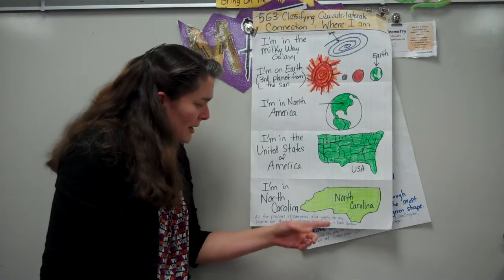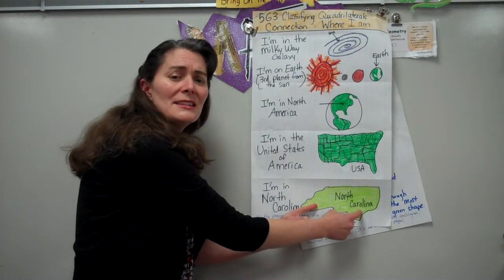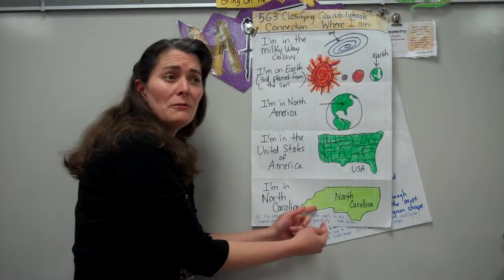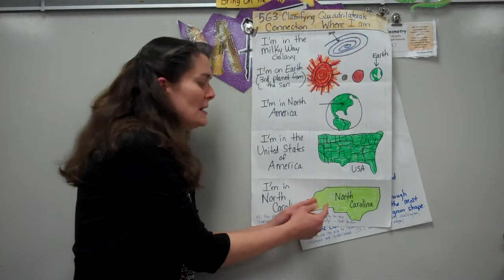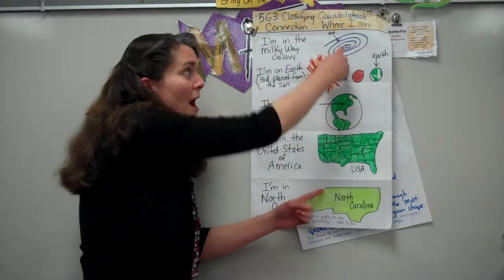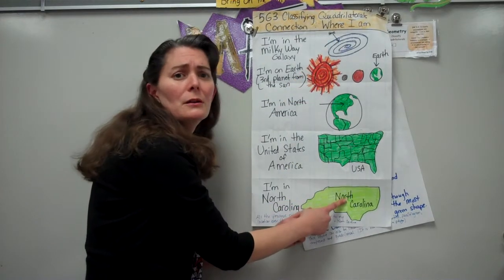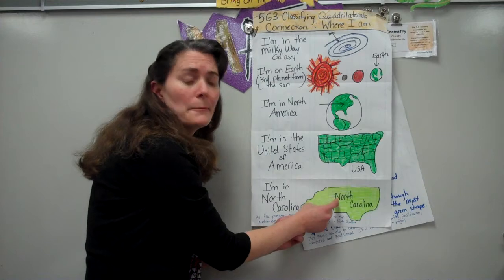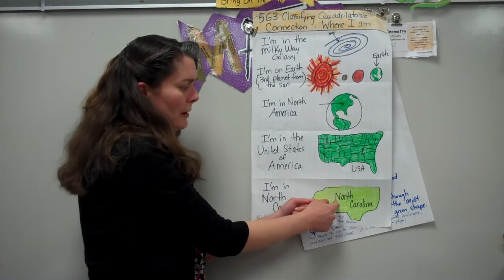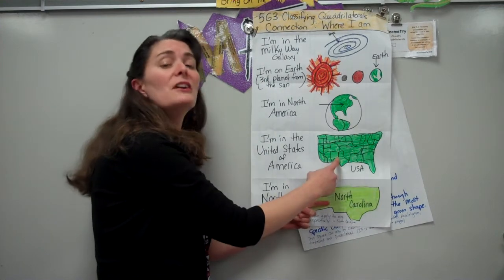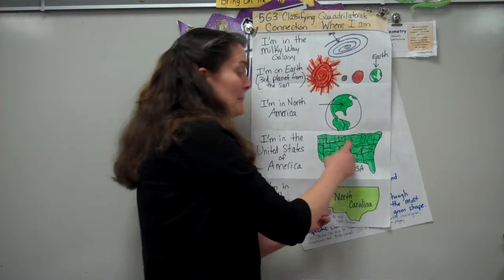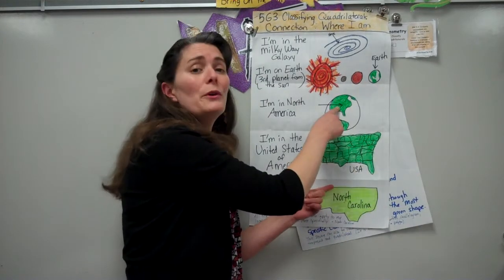So you can see as we break it up into more and more specific subcategories, just because being in North Carolina is the most specific of all of these categories, it doesn't mean that I'm not here just because I'm here. This is the most specific description of where I am. But being I'm in North Carolina, I am also in the United States. Being I'm in the United States, I am also in North America.